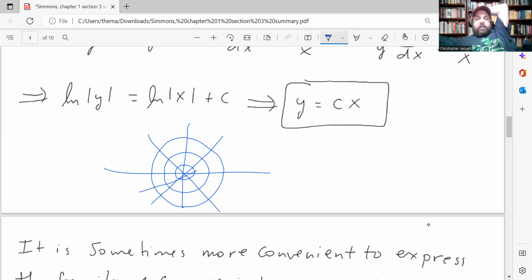Again, there's an infinite number of them. But notice that those lines are all normal to the tangent lines of the curve at that point, right? They're all perpendicular. So this is the orthogonal family of curves to the circles that are centered at the origin.